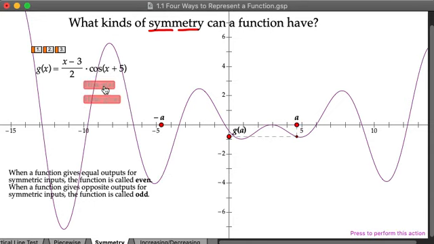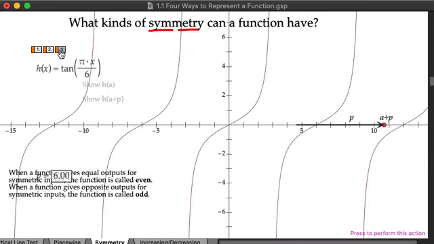Last example here of showing other symmetry is this example. There's a symmetry here which is different from the even and odd symmetry. Now, we can actually talk about symmetric inputs here, and this particular function does actually have even odd symmetry.